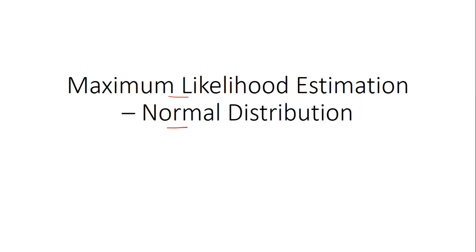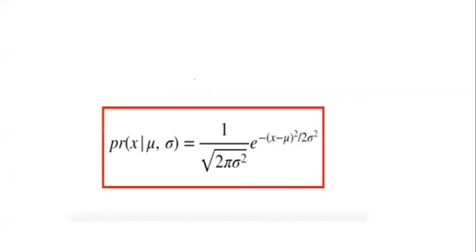So with respect to the type of the distribution, the maximum likelihood estimation differs. The most commonly used distribution is the normal distribution, and let us try to understand how to estimate the maximum likelihood for a normal distribution. This is the objective of this lecture.